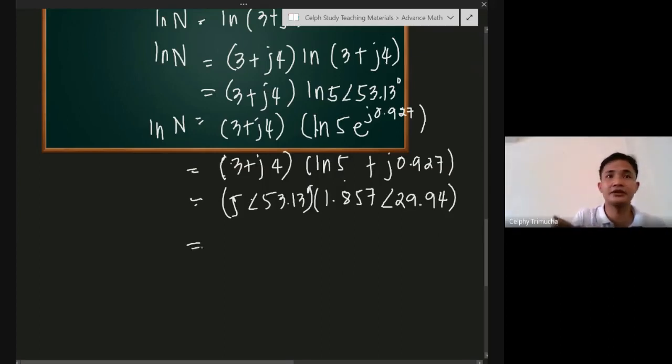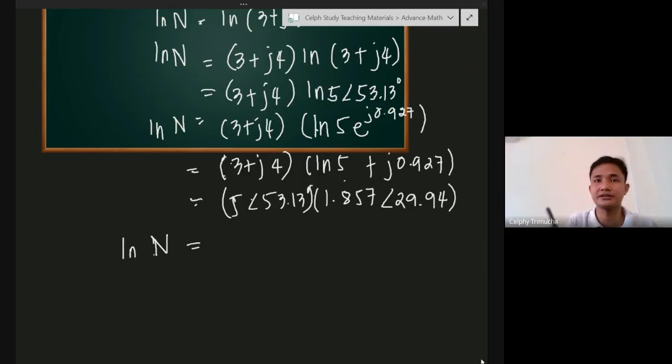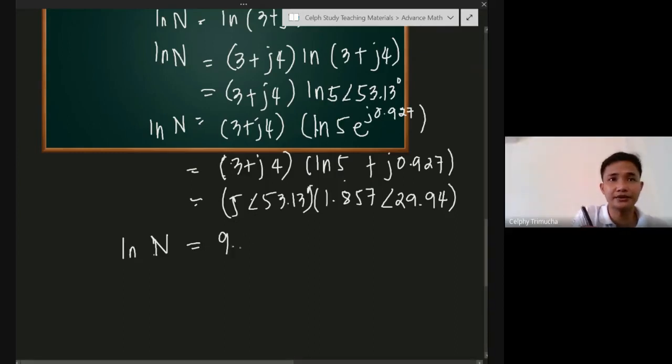So we will have 5 times 1.857, which is equal to 9.285.